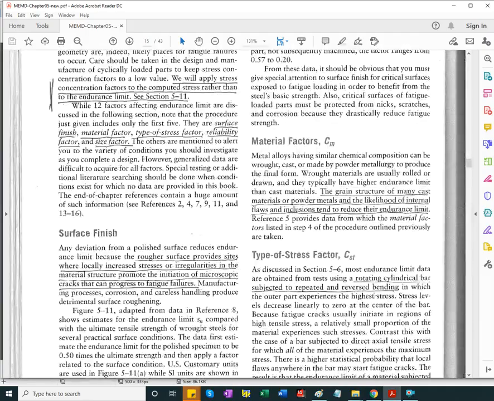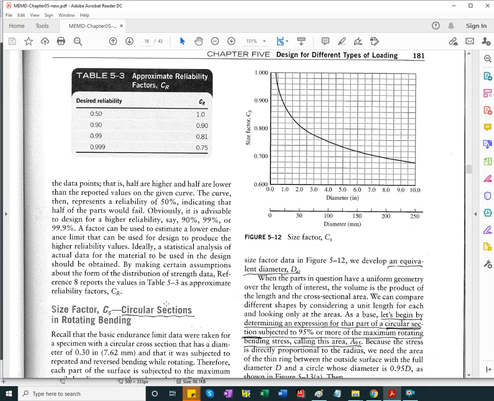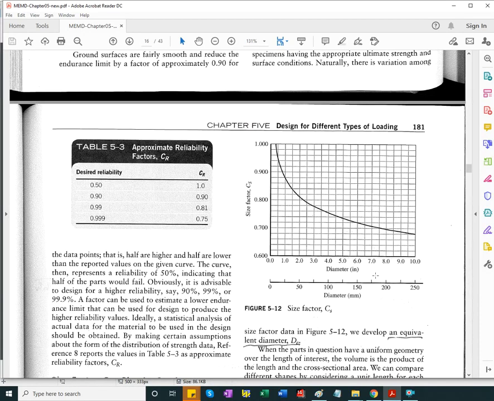Okay, so for correction for size, you either use this chart, and as you can see, if it's 0.3 of an inch, it is 1, and if it grows to 2 inches, the coefficient is approaching 0.8, and 10 inches would be maybe a ship shaft.